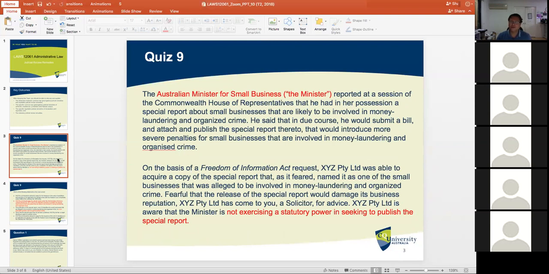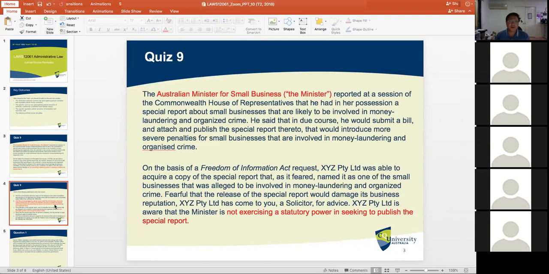If you were the lawyer for XYZ Proprietary Limited, with a writ of mandamus you're actually trying to compel the minister to publish the report because you think there is a public duty. Well, there will be the question of whether there is a public duty for the minister to publish the report. But secondly, why would you do that? You want the minister to publish the report.